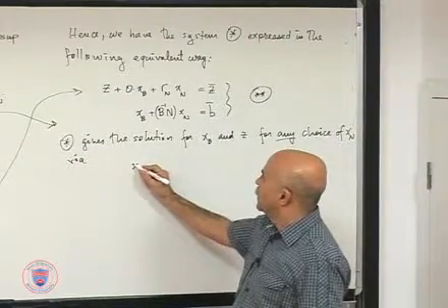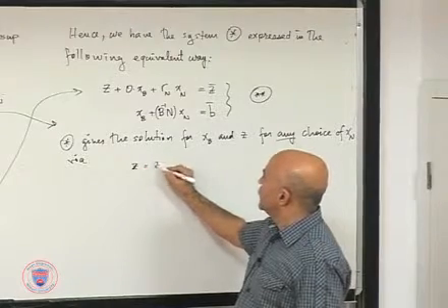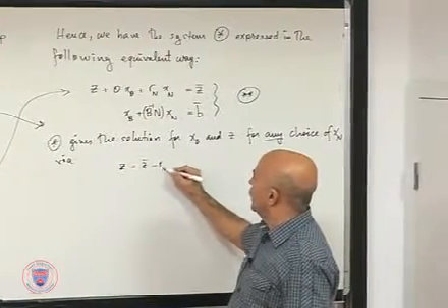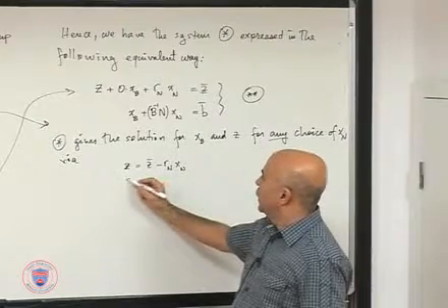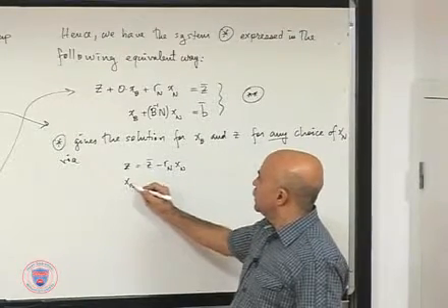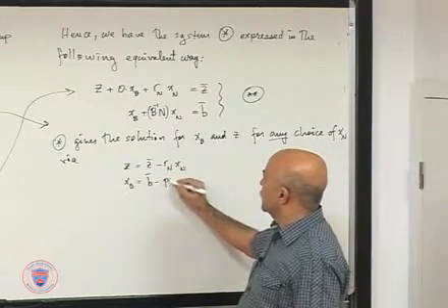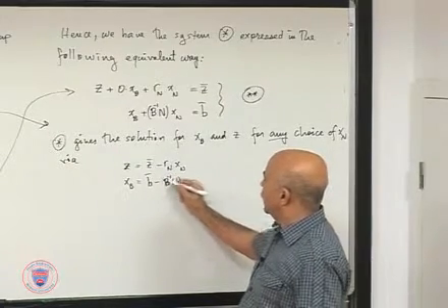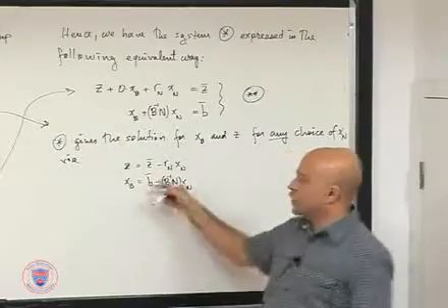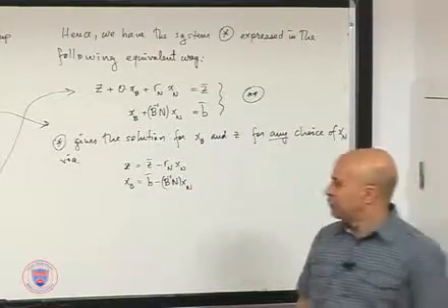So z is equal to z bar minus Rn xn, and xb is equal to b bar minus b inverse n xn. This is what you see in the dictionary form.